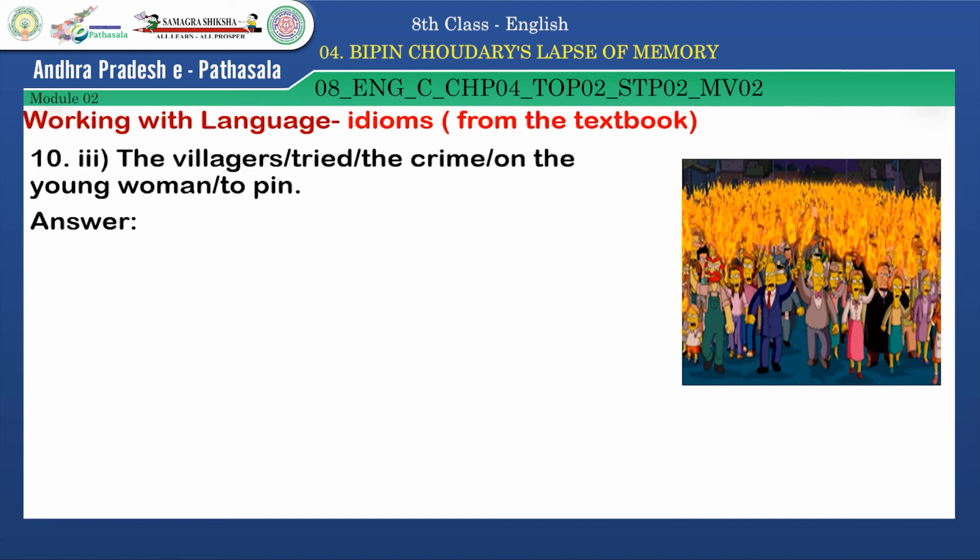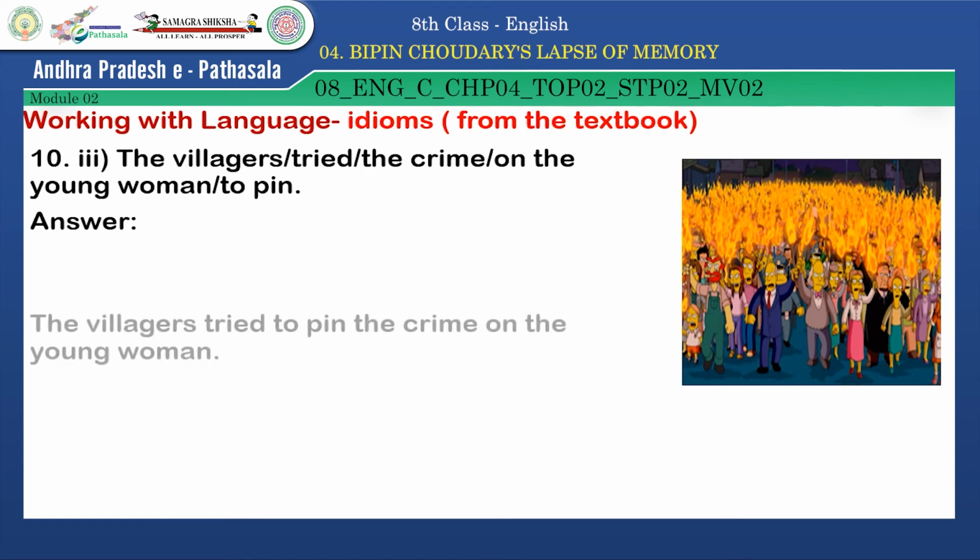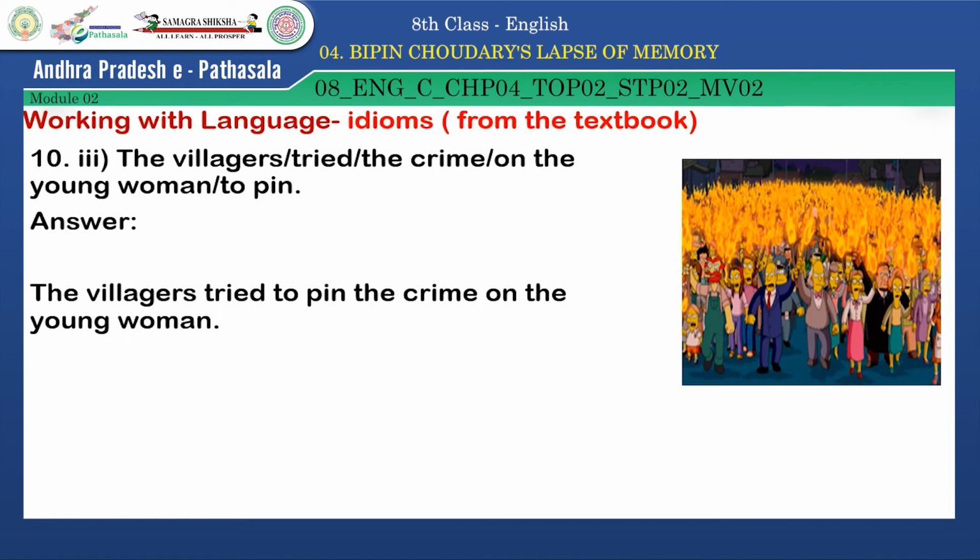Now, hope you recollected that we did such type of exercise in our earlier session also. Okay, now what is the right answer here? Right sentence here: The villagers try to pin the crime on the young woman. They are trying to blame that young woman.